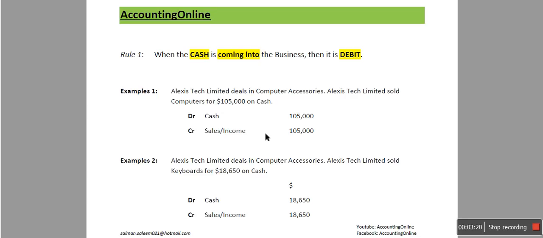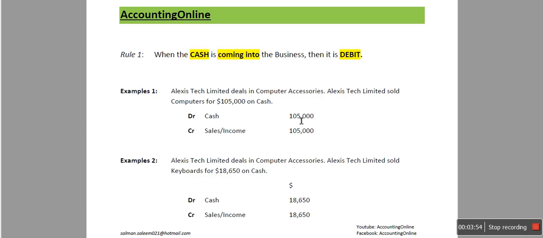When a company makes sales, what does it get in return? It gets cash, it gets money by selling things. So here you need to credit sales or income, $105,000, and what it's getting in return is cash.